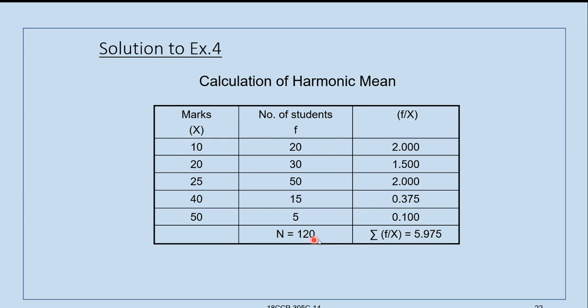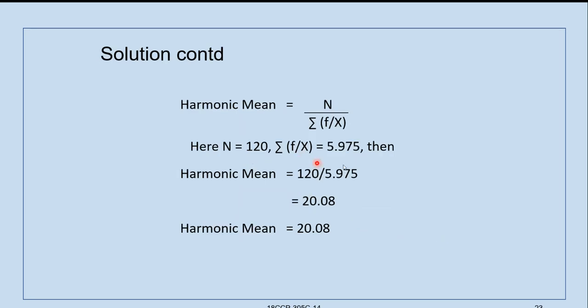Now the formula is applied: 120 divided by 5.975. So here n by sigma f by x, where n is equal to 120 and sigma f by x is 5.975.